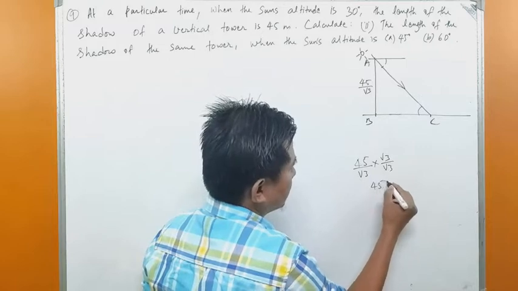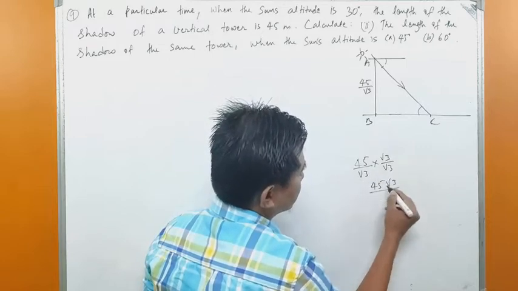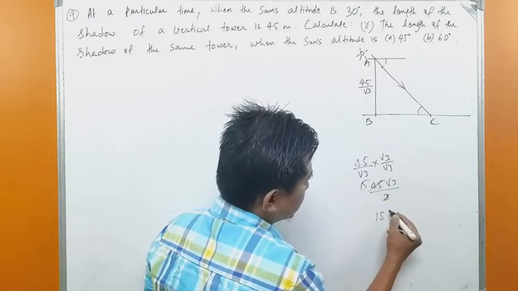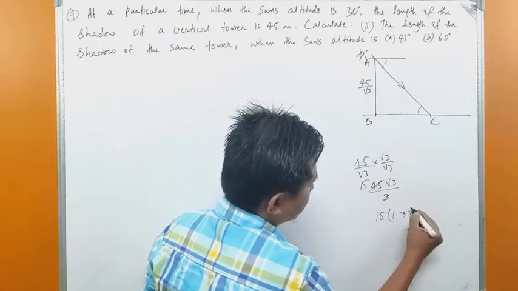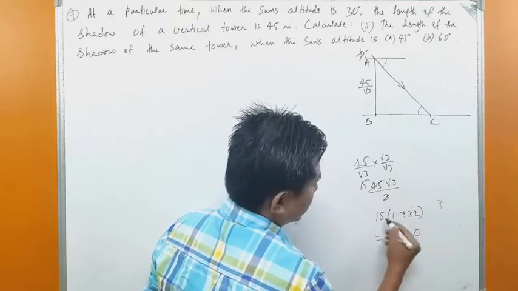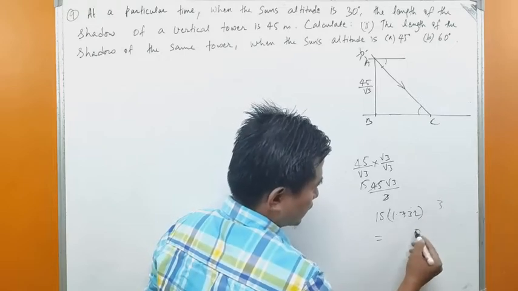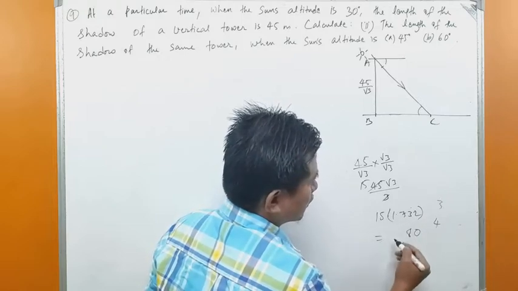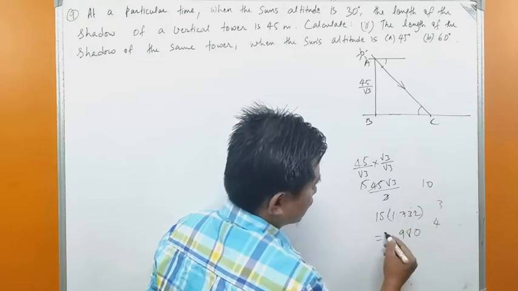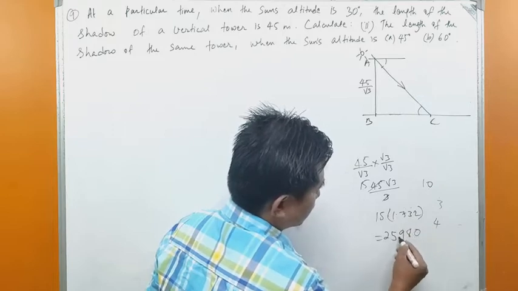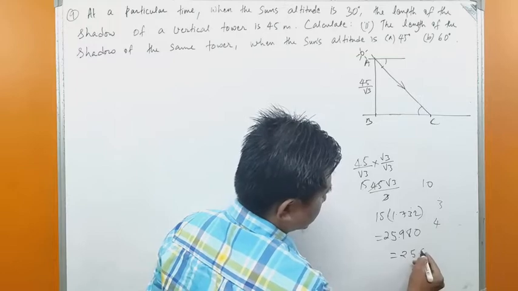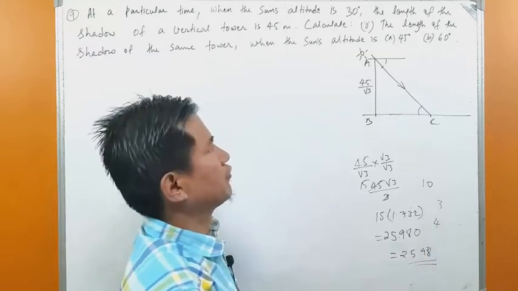This is 45 root 3 by root 3 into root 3. 3 15 is 45. 15 into 1.732, isn't it? 15 2 is 30, 3 in hand. 15 3 is 45, 45 plus 3 is 48, 4 in hand, 15 7 is 105, 105 plus 4 is 109, 10 in hand, 15 1 is 15 plus 10 is 25. So 25.98. This was the height of the tower we found earlier, isn't it?